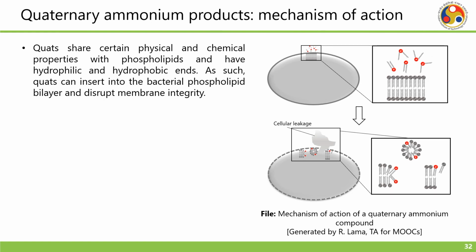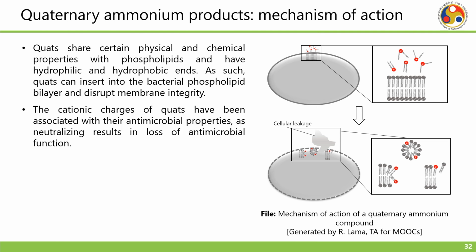What is the mechanism of action of QUATs? The QUATs share certain physical and chemical properties with phospholipids and have hydrophilic and hydrophobic ends. As such, QUATs can insert into the bacterial phospholipid bilayer and disrupt membrane integrity. So, you can see here the mechanism of action of this quaternary ammonium compound, which is disrupting the membrane integrity.